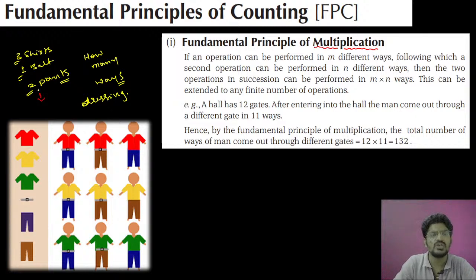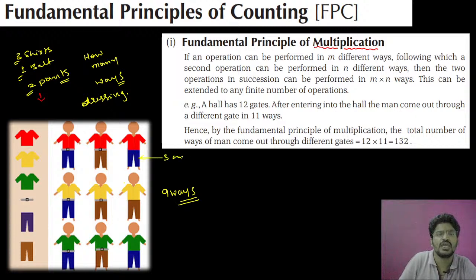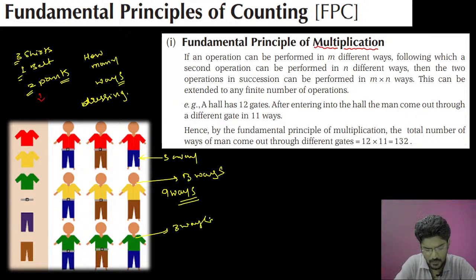Here they have given 9 ways. Here you have 3 ways, in the second row you have 3 ways, and in the third row you have 3 ways. So total 9 ways you have.